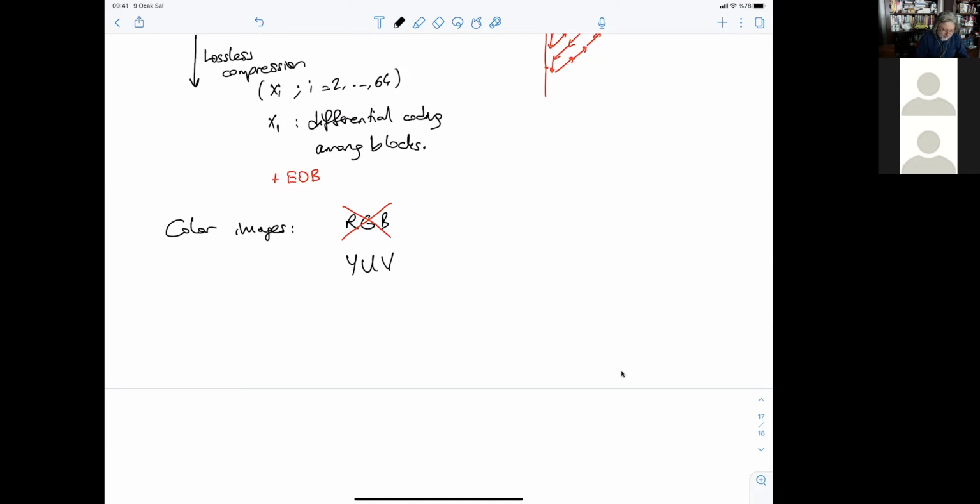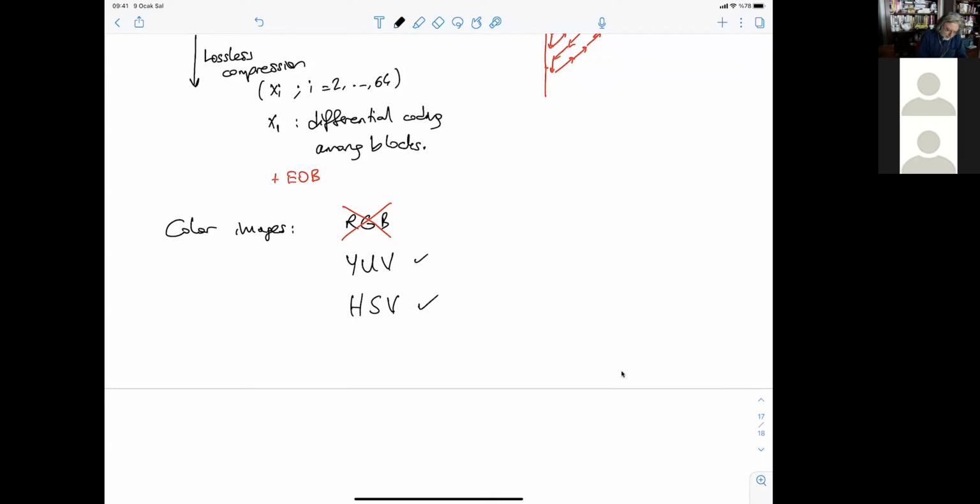It's like one channel will contain the grayscale of the image, and the others will contain the colors, two color components essentially. One of them is HSV, you can say, for example. That is also possible. This is okay.